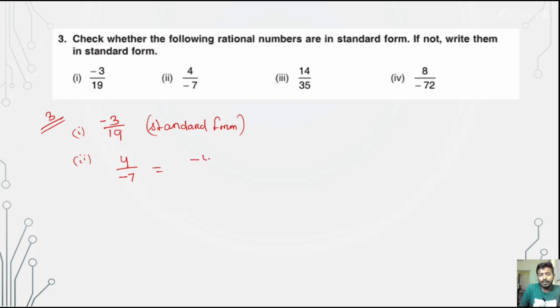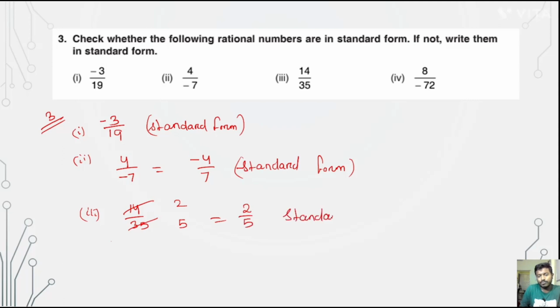That's why minus 4 by 7, multiplying by minus 1 on both sides. Standard form. Next, question number 3i. 14 by 35. Okay, first find out the HCF or directly cancel: 7 2s are 14, 7 5s are 35, so the answer is 2 by 5. This is standard form. Okay, you can also solve by the HCF method. Standard form.